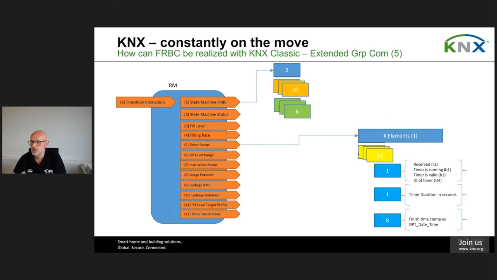And then for each timer it foresees 11 bytes of data. 1 byte indicating whether the timer is running or the timer is valid, and the ID of the timer. Then the timer duration in seconds, and the finish timestamp modeled as DPT date time.